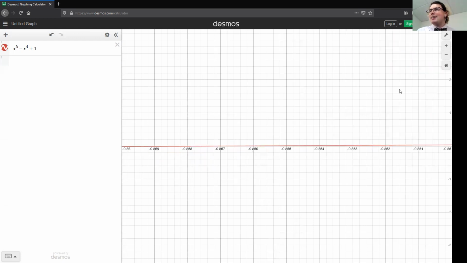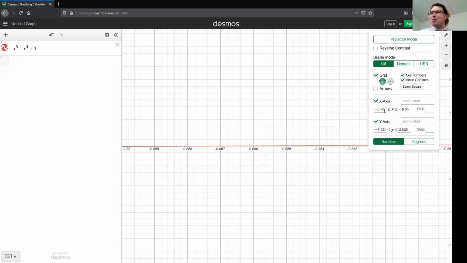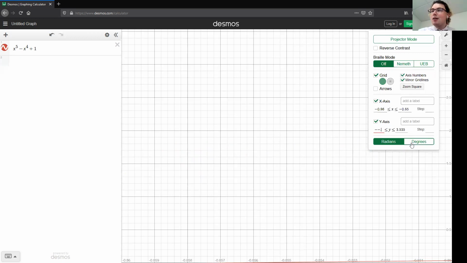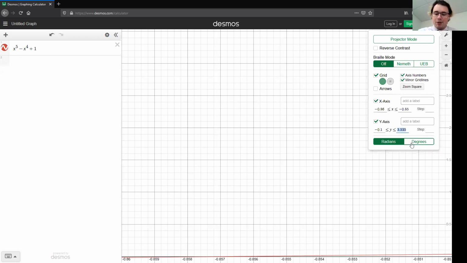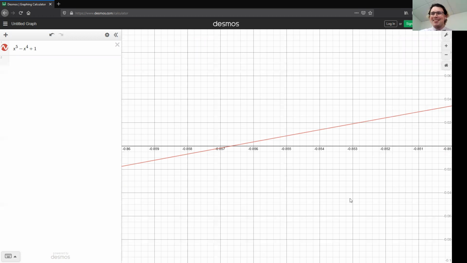Now, the graph has flattened out quite a bit, so I need to zoom in on the y-axis as well. Let's go from y is minus 0.1 to positive 0.1. That's a little bit easier to look at. And every single time, I'm just looking for one place where the function is negative, one place where the function is positive.